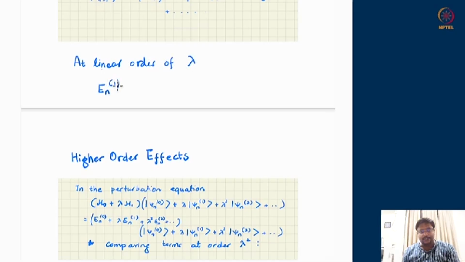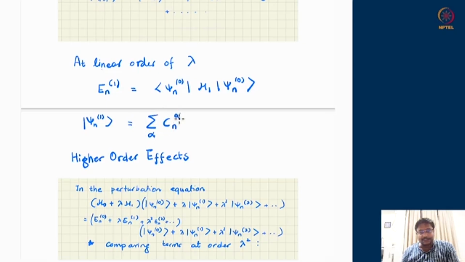to the nth energy eigenvalue is obtainable from taking the expectation of the perturbation Hamiltonian with respect to the unperturbed energy eigenstate, while the first order correction to the wave function of the nth eigenfunction is obtainable from coefficients C n alpha, where alpha is the set of numbers which describe the state over which we are trying to get the perturbation, and effectively the psi alpha 0.